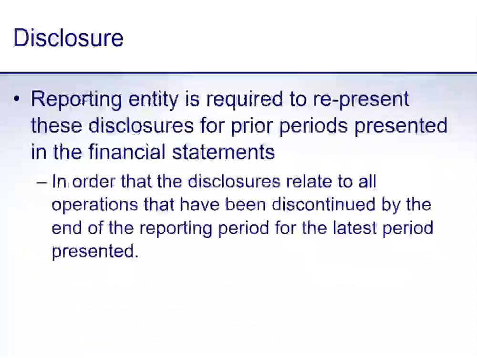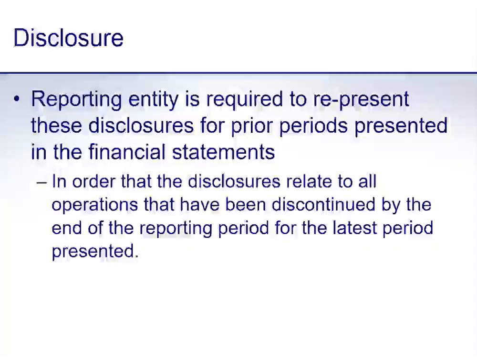The reporting entity is also required to re-present. So basically go back and restate your disclosures for prior periods that are presented in the financial statements. And the whole point behind this is that we need to be able to compare this year's statement of comprehensive income with last year's statement of comprehensive income.